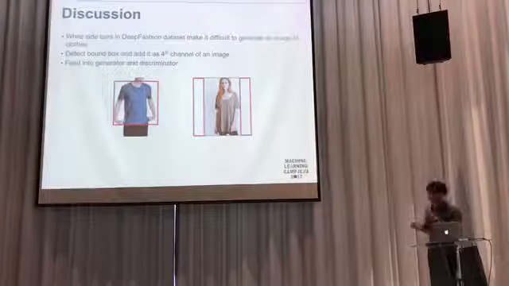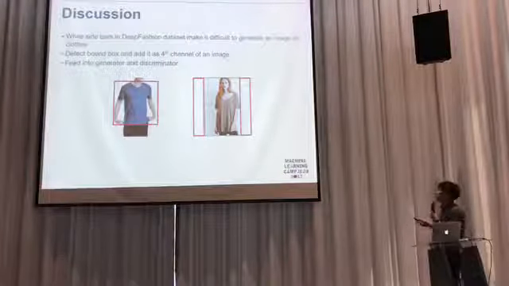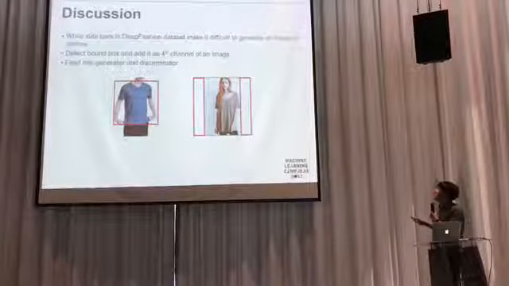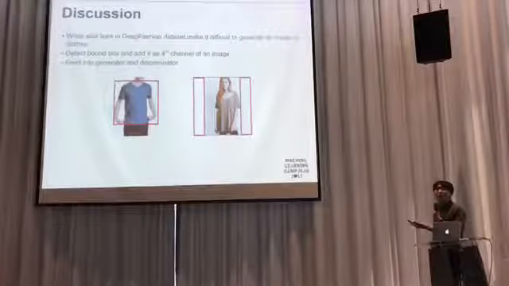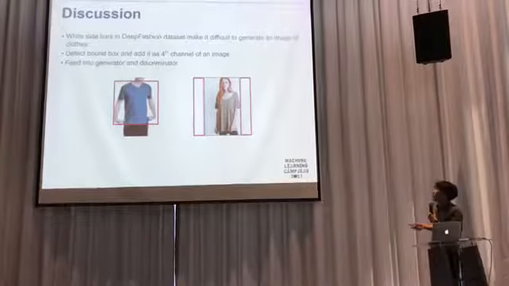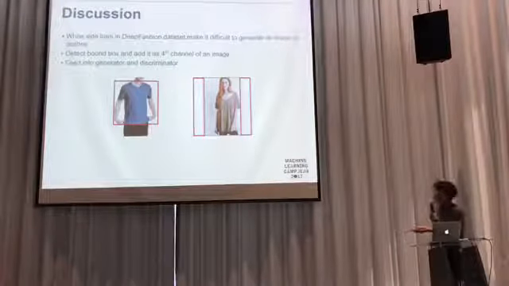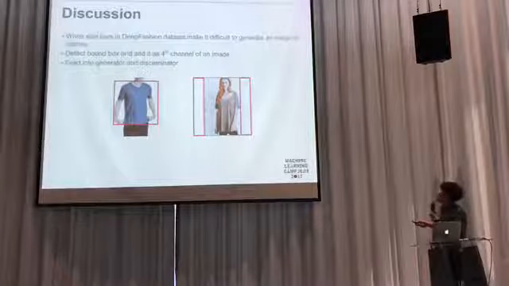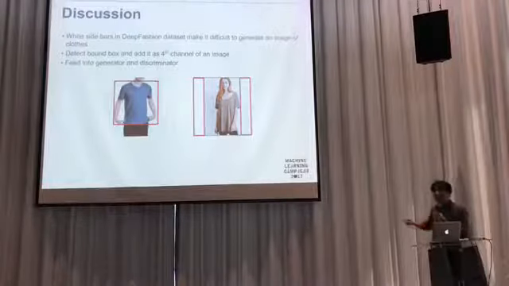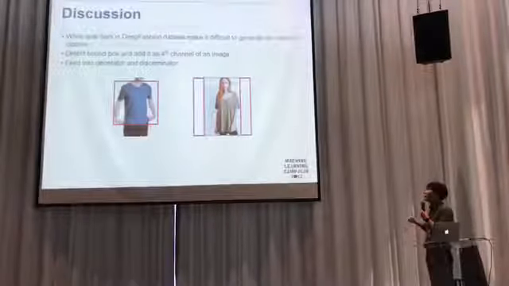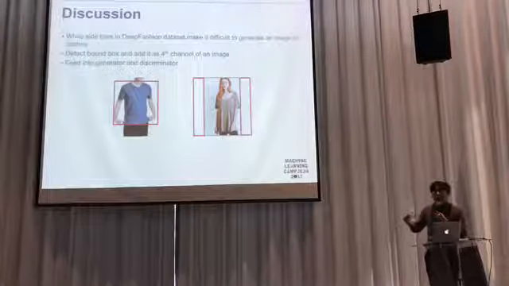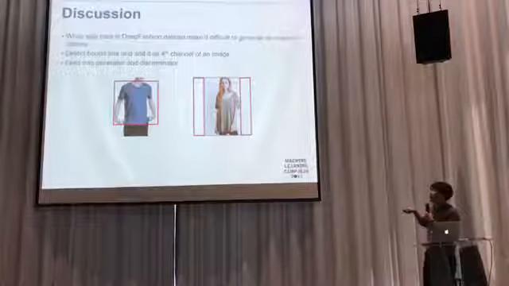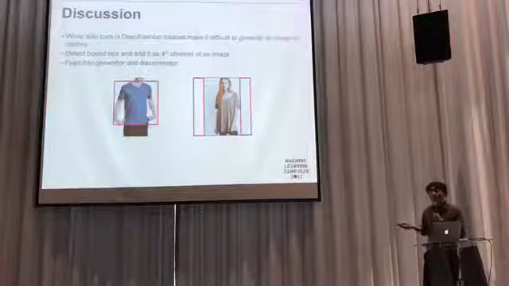So I decided to detect the clothes part with a detector, and after detecting the bounding box, I want to add it as a first channel.